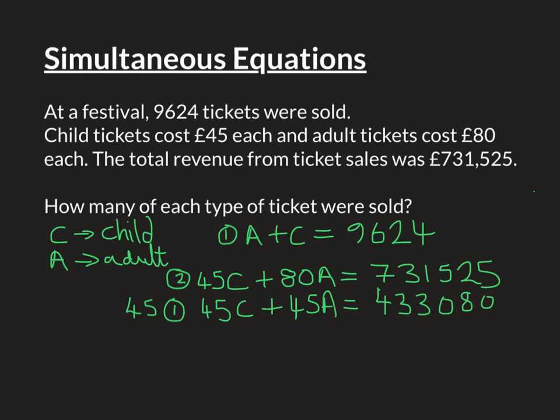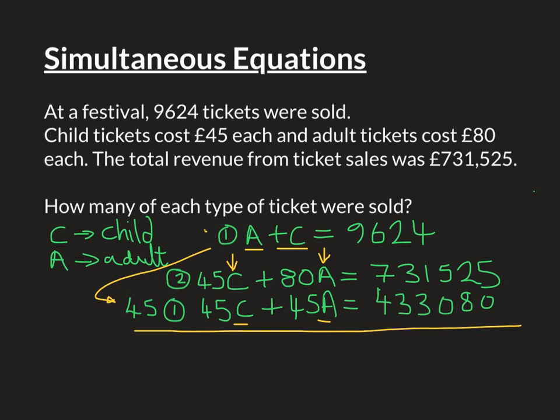If I can just highlight at this point that in equation 1, it's a plus c. When I've done this multiplying, I've written it c plus a. The reason I've done that is so that my c's line up and my a's line up, and it's just a bit neater and easier for me to see what's going on. Okay, so I've made the coefficients the same.